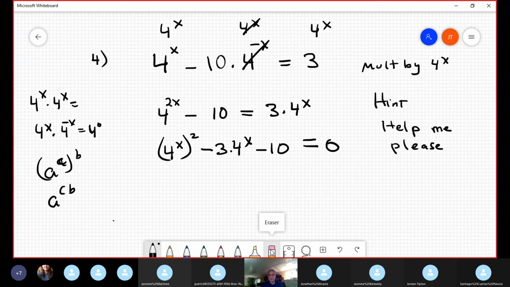Okay. This is the typical equation that we solve in the first test. It's the equation that contains u. Remember u? Why? Because this equation has one piece. It's this piece. Let me use another color. Look, you see that this expression is exactly the same as this expression, but the only difference is this is squared and this is not. This is first power. Then you define 4 to the x as u. We convert this equation into this equation.